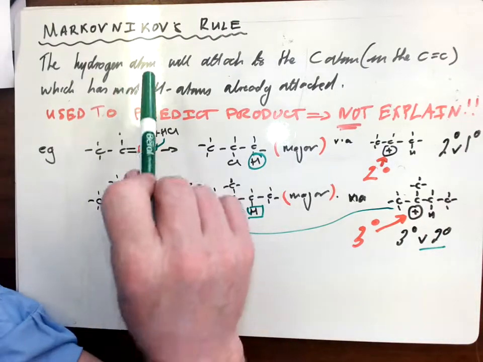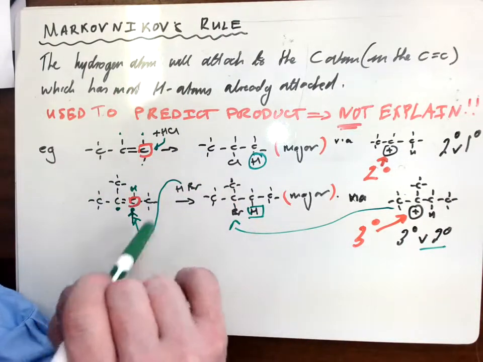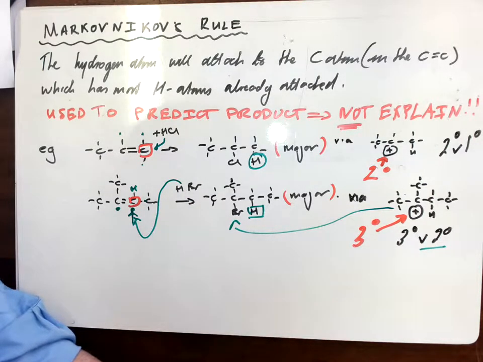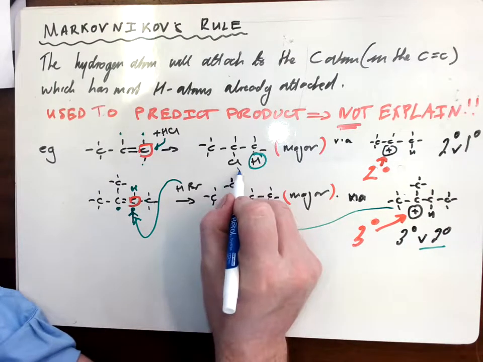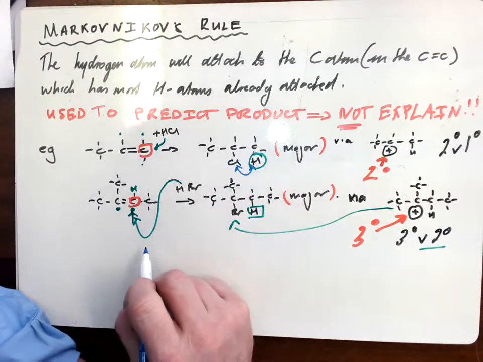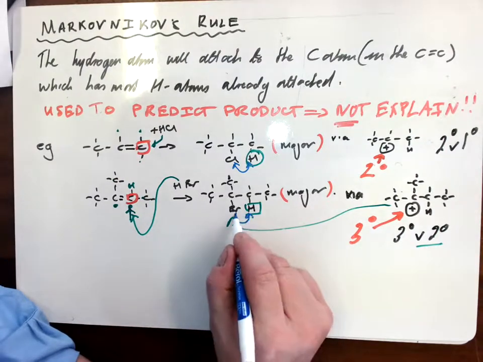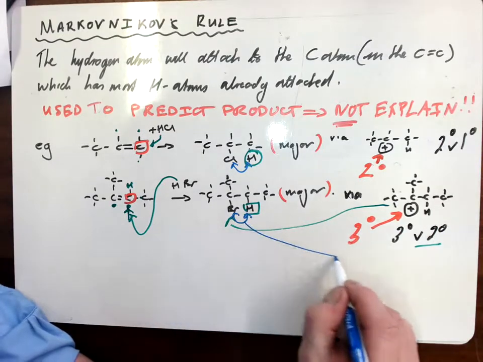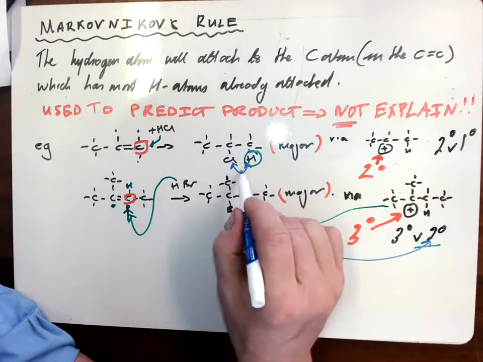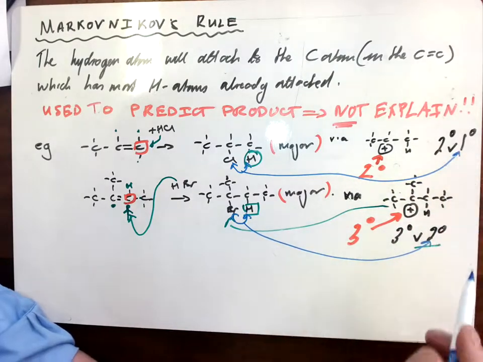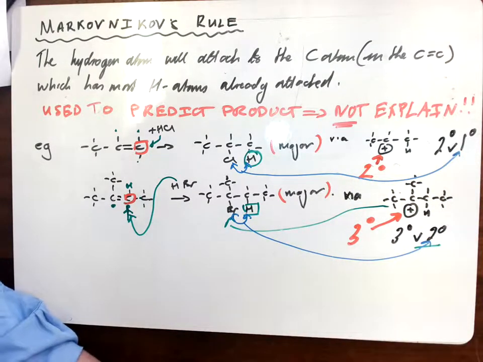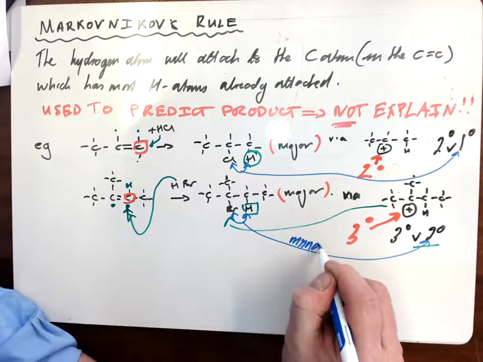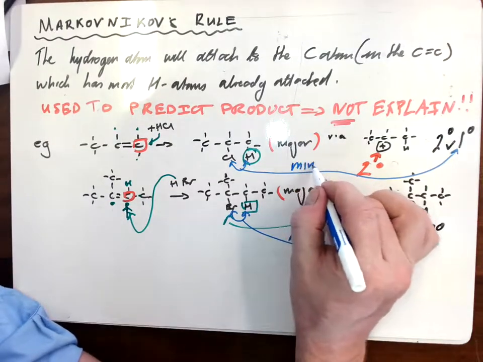So remember guys, Markovnikov's rule can only be used very quickly in an exam to work out what the major and the minor product would be. Of course the minor product, just before I leave, would simply be those 2 swapped, and likewise down here the minor product would be those two swapped, and that would have come from the secondary carbocation, whereas here those two swapped would have come from the primary carbocation, giving you your minor product.